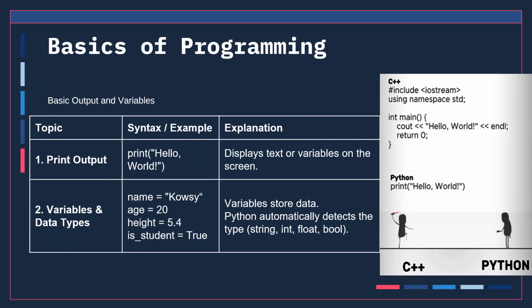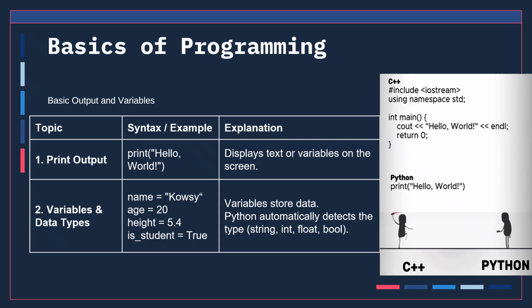So in double quotes, I enter hello world. That's it. It will display the text or a variable on the screen. So it will display hello world on the screen. This one is very simple, right? So you can try it on your own. Use some Python code practice websites and all. I will mention the links in the description.